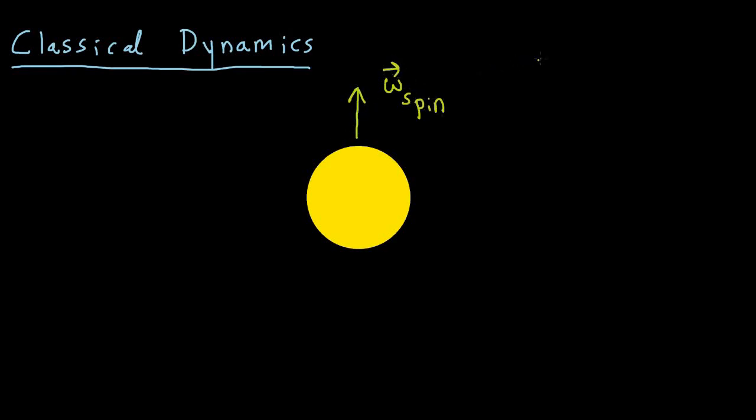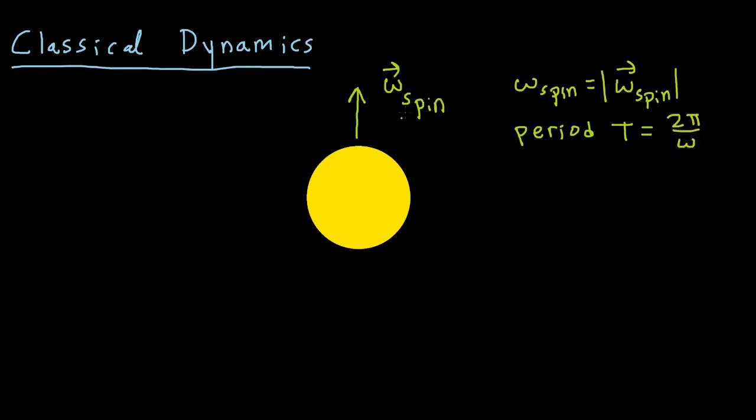And by angular frequency, I mean that if you say that omega sub spin is just the magnitude of this vector, then the period of this rotation, which is usually called T, is equal to 2π over omega. So that's what I mean by the angular frequency. And the idea is it's spinning like this, as per the right-hand rule.